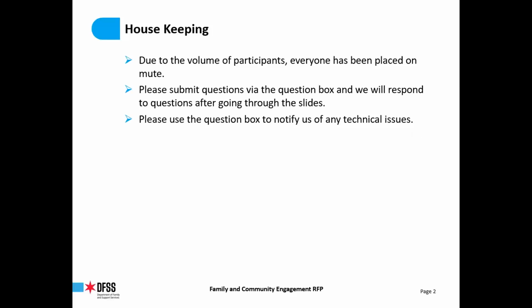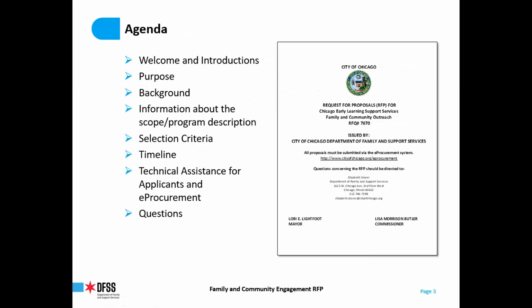I just see from one of the participants that all is good, so that sounds like they can hear us and see us. With that, I'll pass back to Beth, and she can go over the agenda and start the presentation for you. Okay, great. Thank you, Tom.